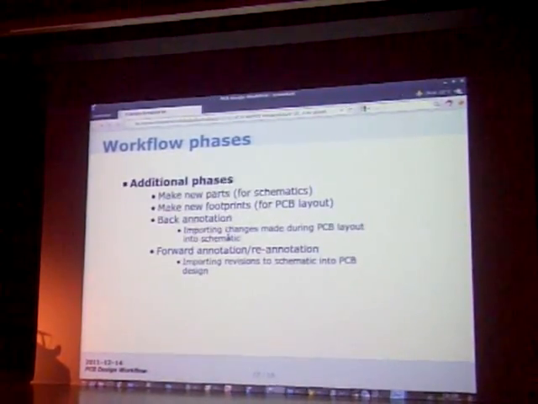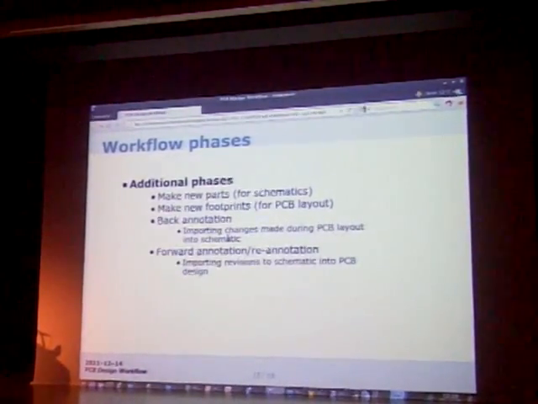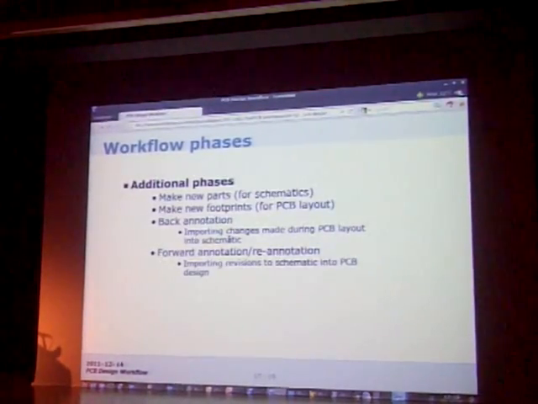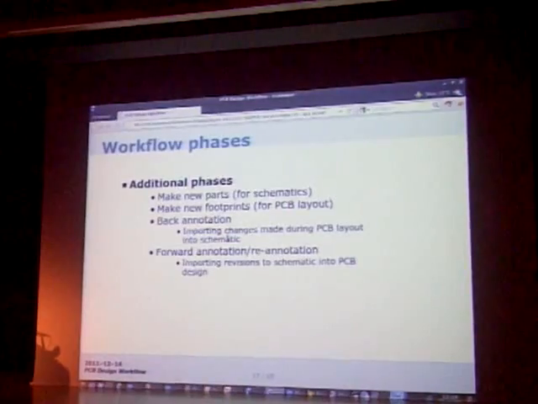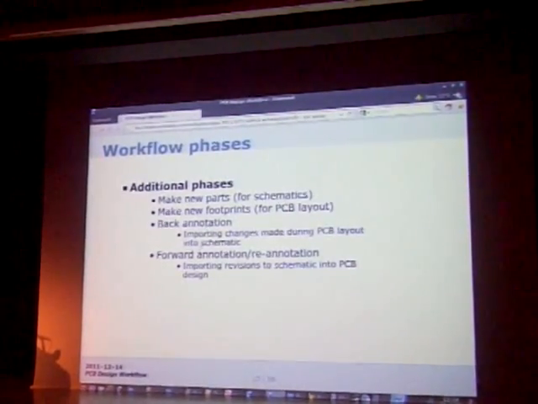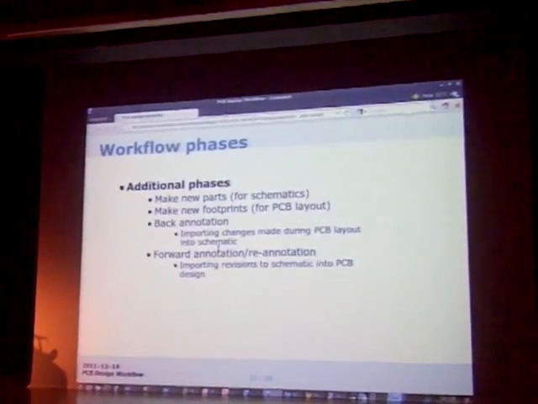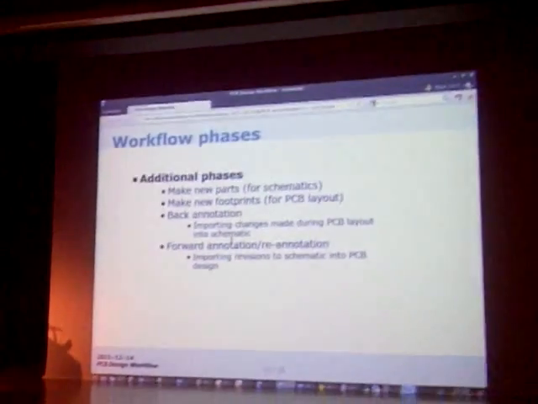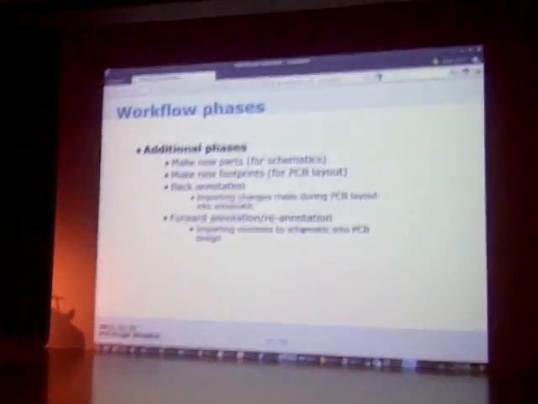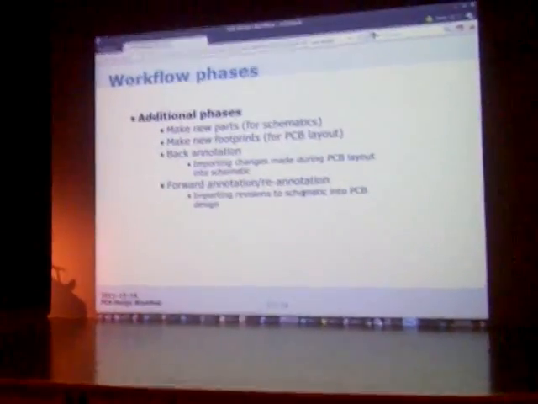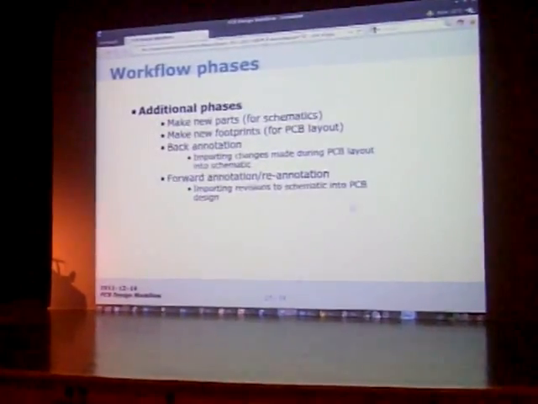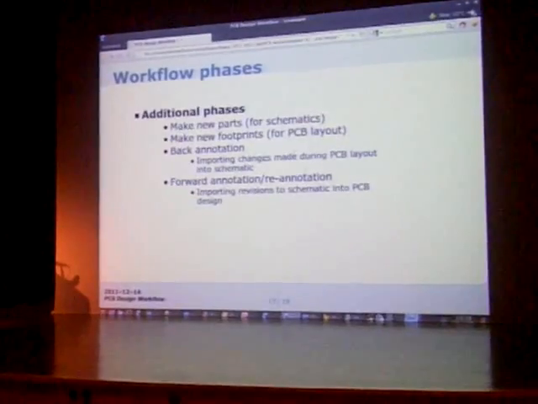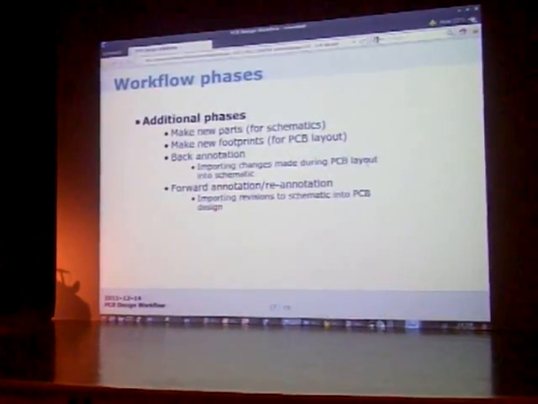For example, you might change the part number. You may have to reflect that change back into the schematic. That's called back annotation. Forward annotation is the corresponding one. If you make any changes to the schematic and you have to export those into the PCB design, that's called forward annotation. We won't be seeing any of these today.